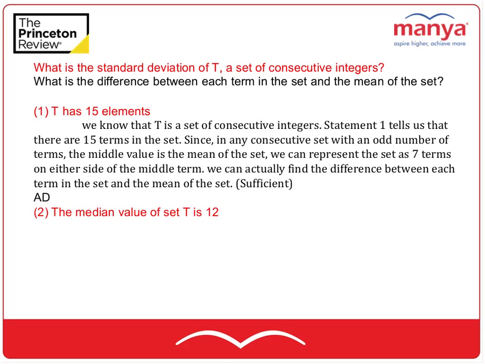Since from the question I know it is consecutive and since I know the median is 12, will it be possible for me to get the standard deviation? What else will I require to get a standard deviation? So is this statement sufficient? Can you all give me an answer for this?